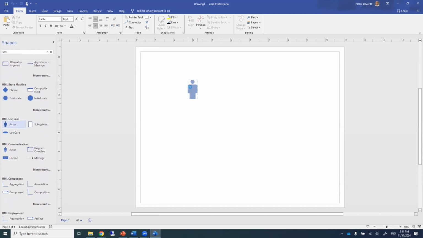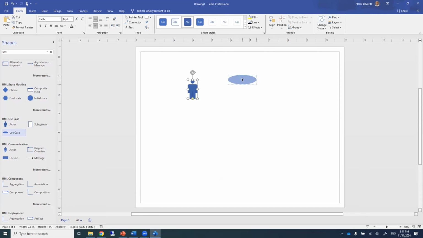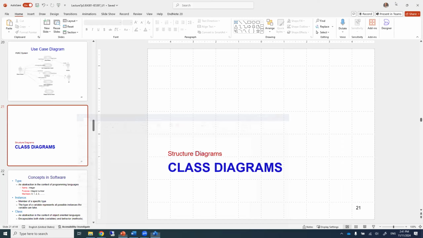You can build some of this pretty quickly using Visio. I don't like the colors, so you can also change that to no fill. But what I'm trying to say is if you have a preferred diagram software, most likely that diagram software would have some type of UML environment that you can use to build your diagrams.